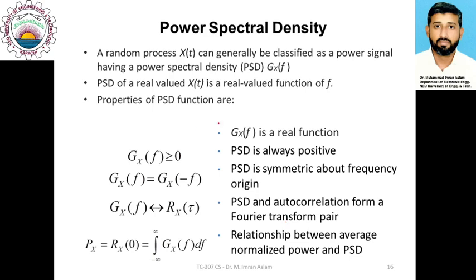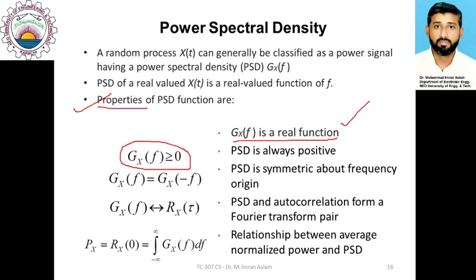For any real valued signal x(t), the power spectral density has certain properties which are listed here. Number one, the power spectral density is always a real function. It will not be an imaginary function. Second, the power spectral density is always greater than or equal to 0.